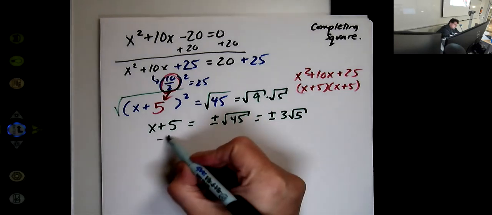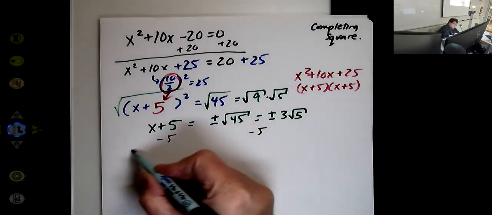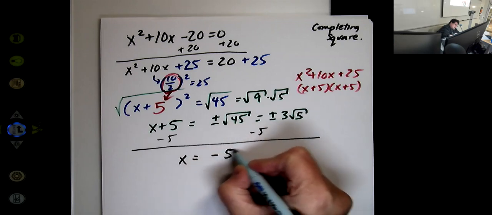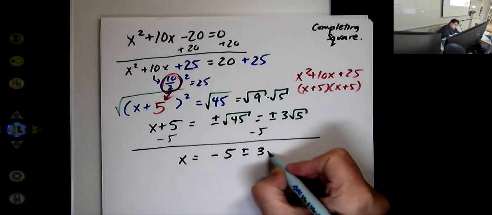Finally, we subtract the 5 from both sides. And we get x equals negative 5 plus or minus 3 square root of 5.